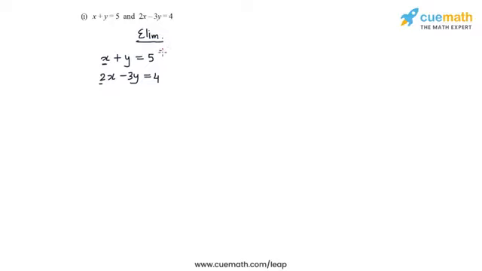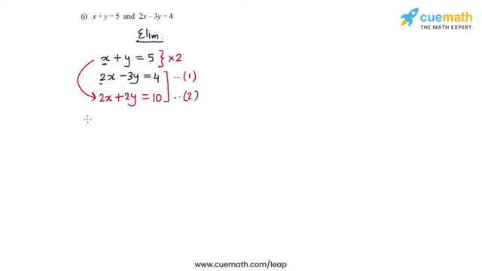I can do that by multiplying the first equation by 2, and if I do that I get this modified equation: 2x plus 2y is equal to 10. Now I have these two equations, so let's call this 1 and let's call this 2.